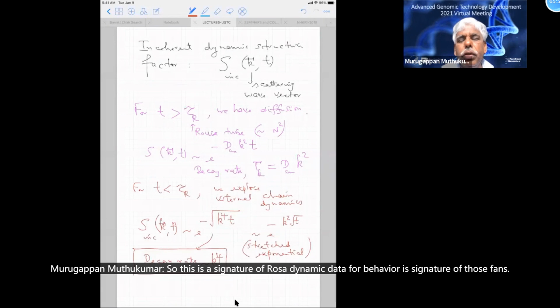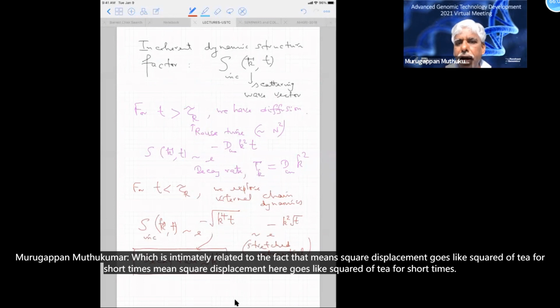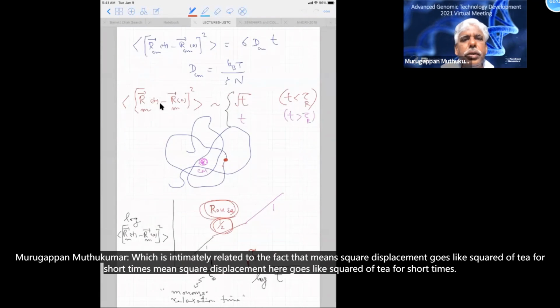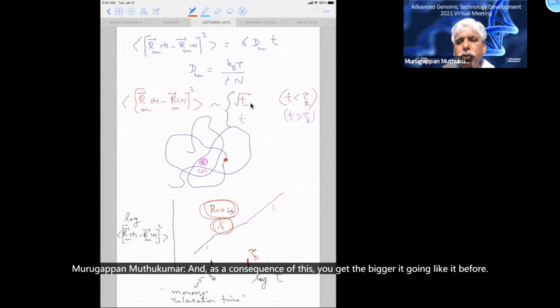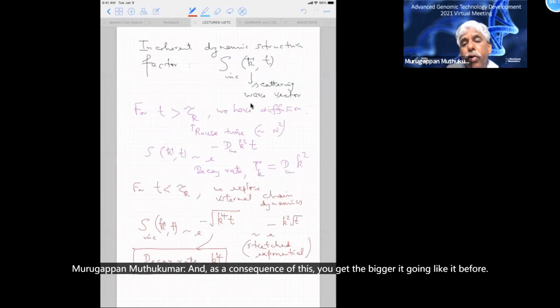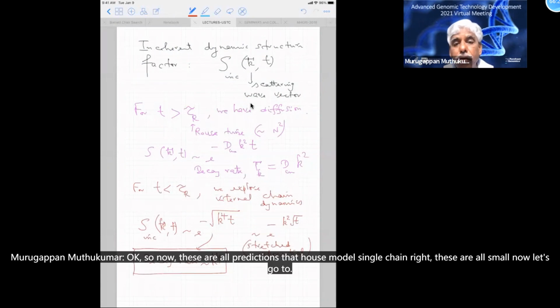The k to the 4 behavior is intimately related to the fact that mean square displacement goes like square root of t for short times. As a consequence, you get the decay rate going like k to the 4. Okay, so now these are all predictions of the Rouse model, for a single chain.